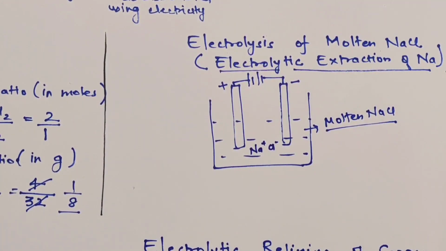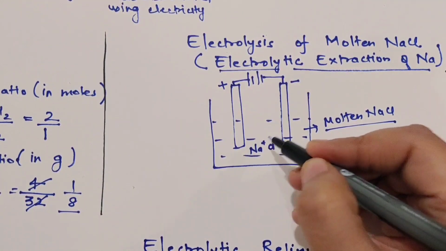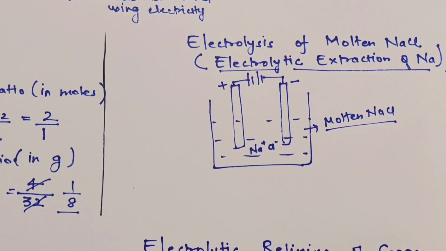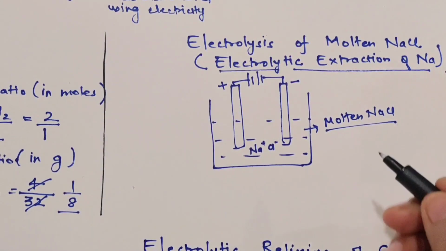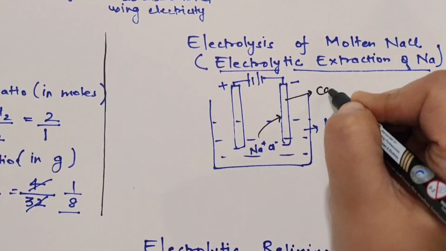We have learned that ionic compounds are good conductors of electricity, but only in their molten or aqueous form, because only then are the ions free to move. So in this molten NaCl, the ions are free to move. Now, as you can guess, the sodium ion, that is the Na plus ion, which is the cation, will go to the cathode, which is the negative electrode. So this becomes your cathode.